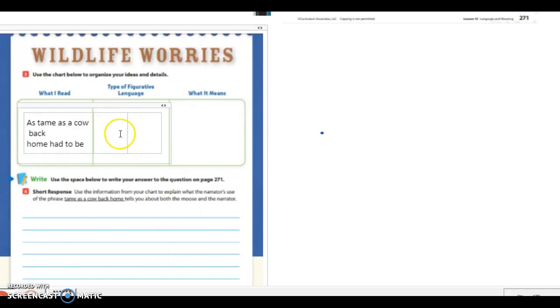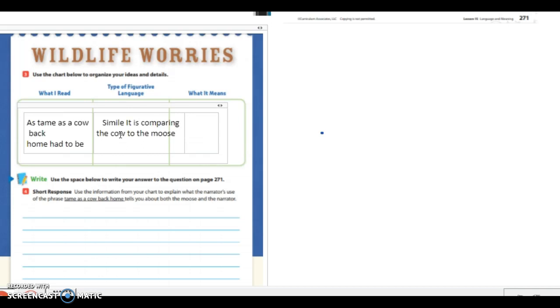As tame as a cow back home. So type of figurative language: this type of figurative language is a simile. It is comparing the cow to the moose. And lastly, what does it mean?